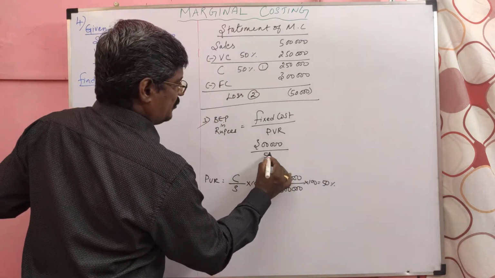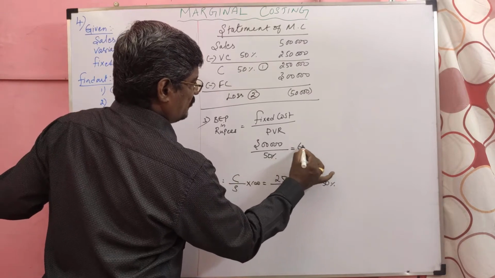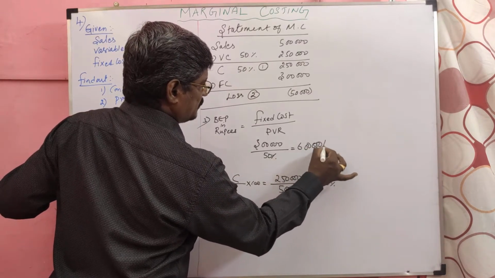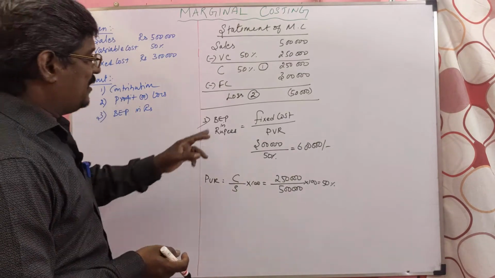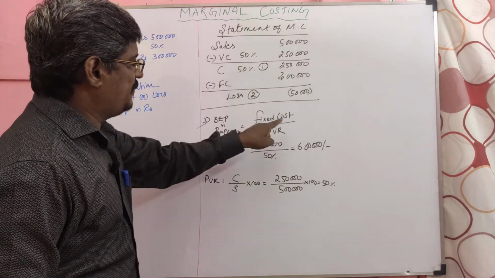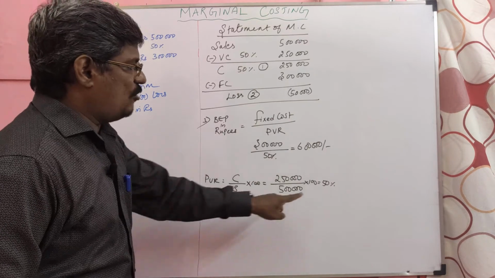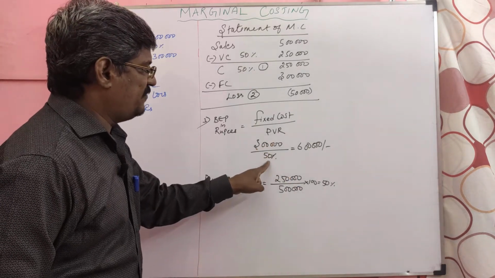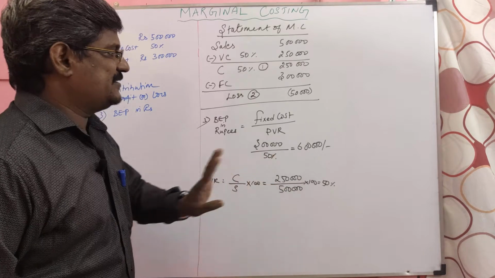So break-even point is fixed cost divided by PVR. Fixed cost is given, PVR we have ascertained. 3 lakh divided by 50%, our break-even point is 6 lakh.